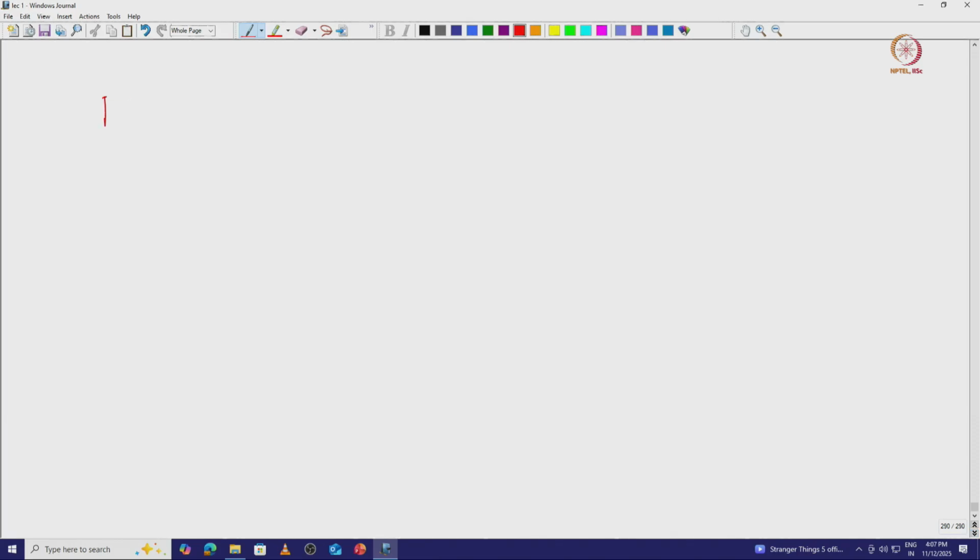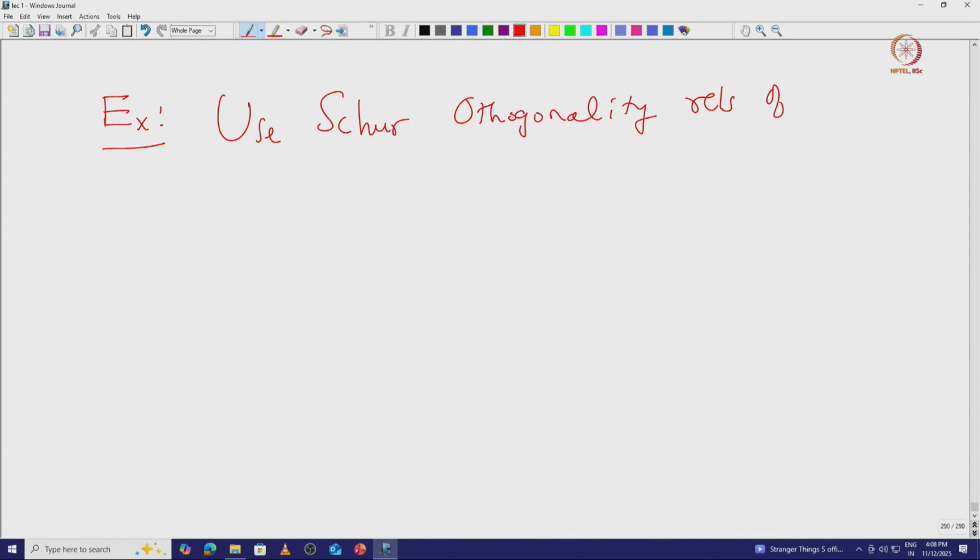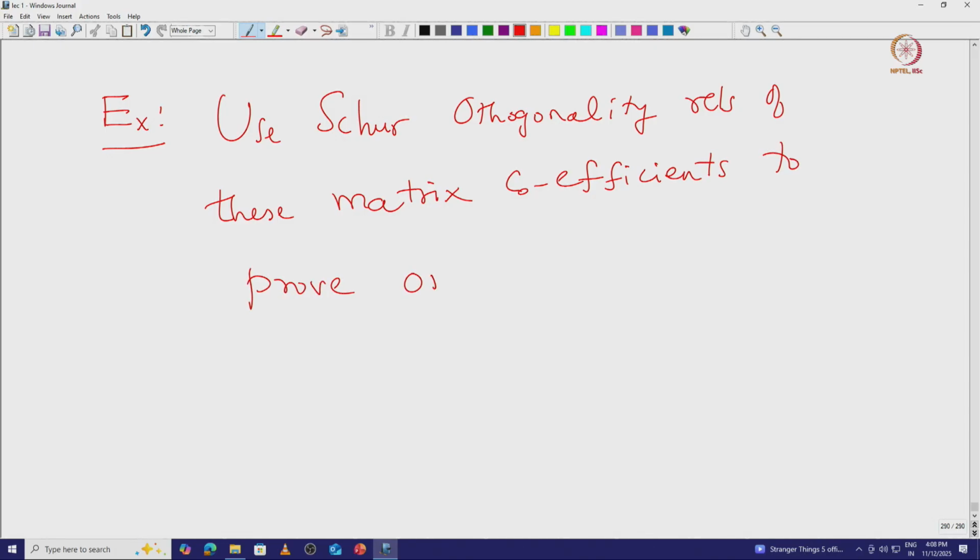So, the exercise: use Schur orthogonality relations of these matrix coefficients to prove the first orthogonality relation.